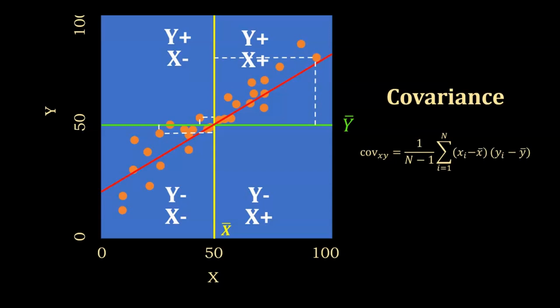There is one orange dot in the top left quadrant, and when you subtract the mean of y, you obtain a positive value, but when you subtract the mean of x, you obtain a negative value. So the multiplication of these 2 values will be negative, and this will decrease a little bit the positive relationship that we have in the other values. Because it's massively in favor of positive values, this correlation will be a positive correlation.